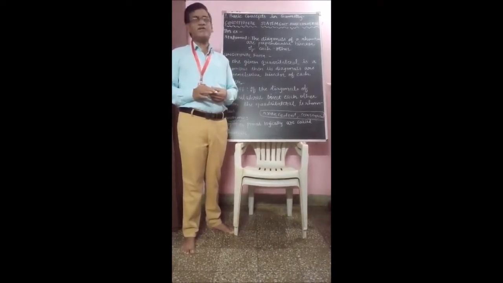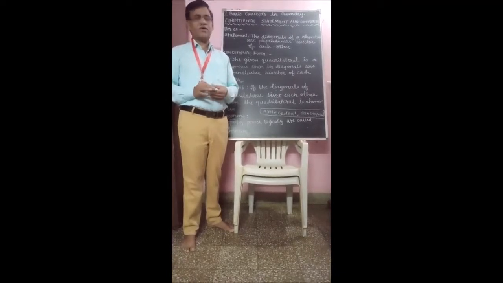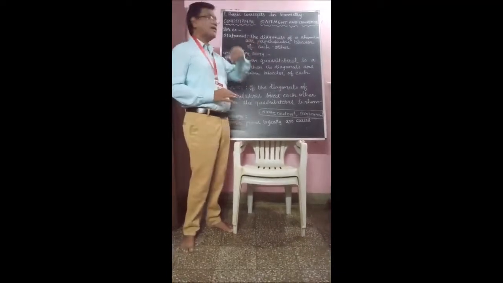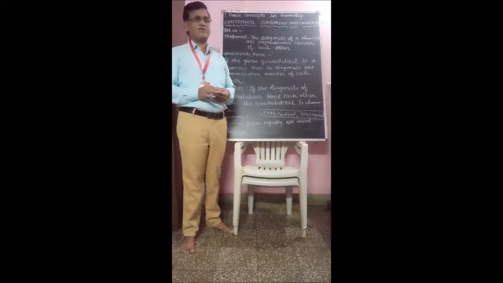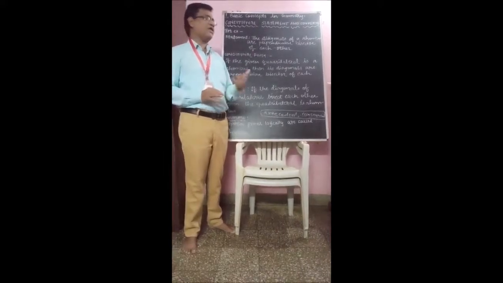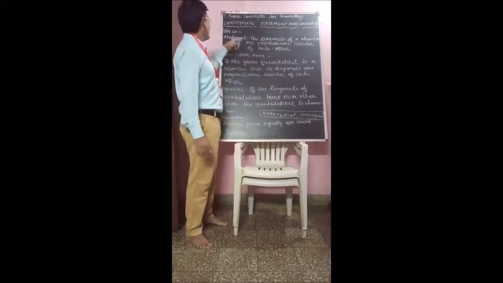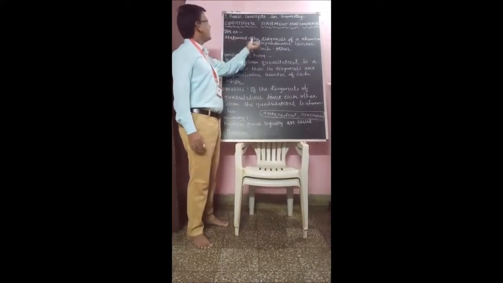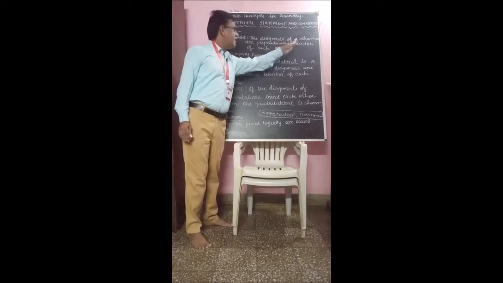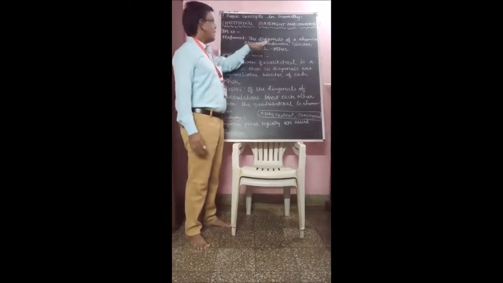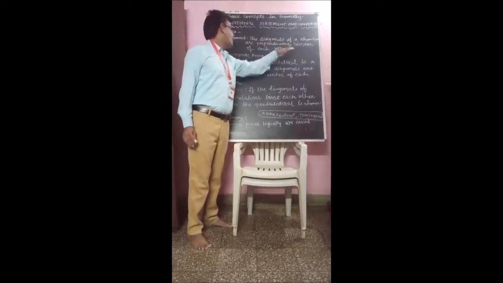Now there are two types of statements: a simple statement and a conditional statement. What are the statements? See, here I have given one example. The statement is: the diagonals of a rhombus are perpendicular bisectors of each other.